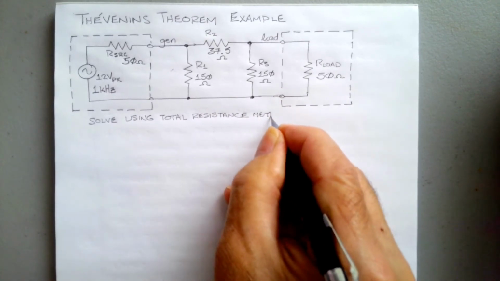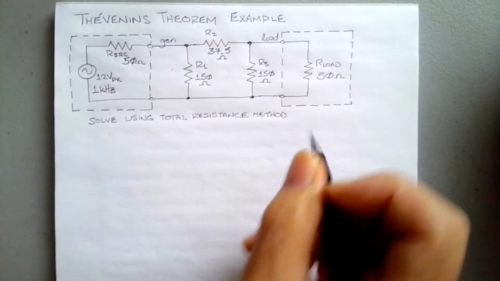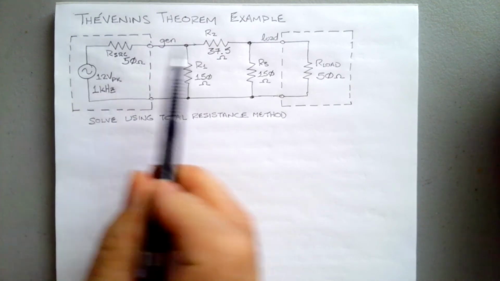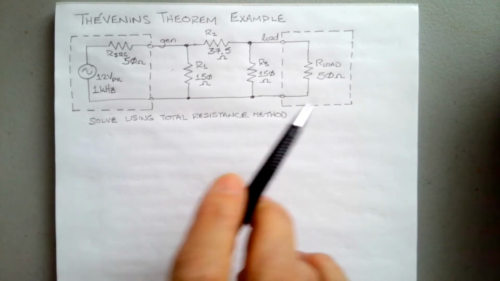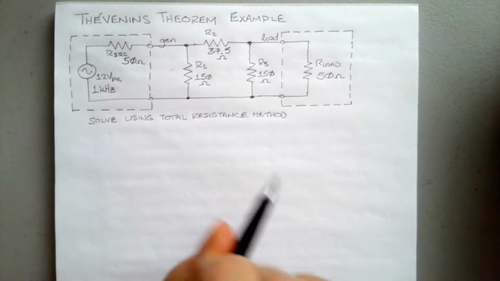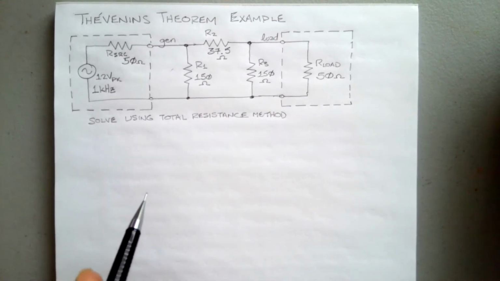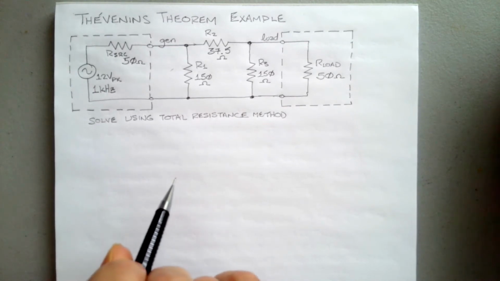We're going to look at what we've got from the source looking out. This is not the Thevenin's theorem method. First we're going to just solve this thing and get an answer. Then we'll go back and use Thevenin's theorem and see if we can get the same answer.